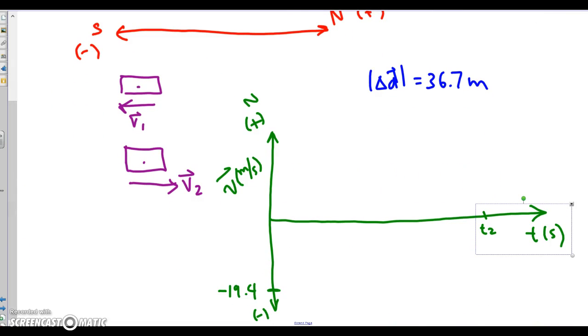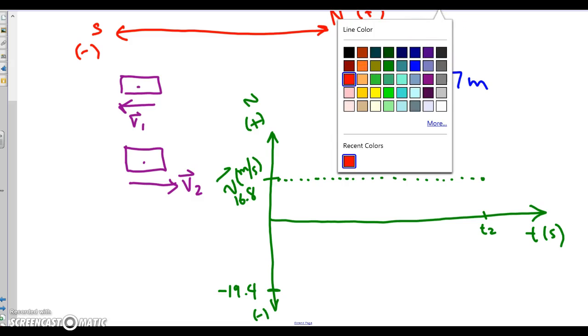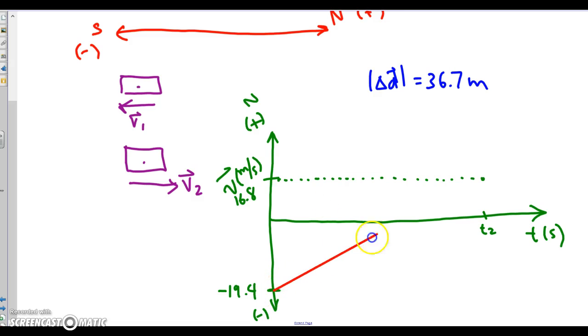So it doesn't have quite the same magnitude as the original velocity. Because we know this is a problem that involves constant acceleration, we can connect those 2 points with a straight line. That's what the velocity time graph will look like.